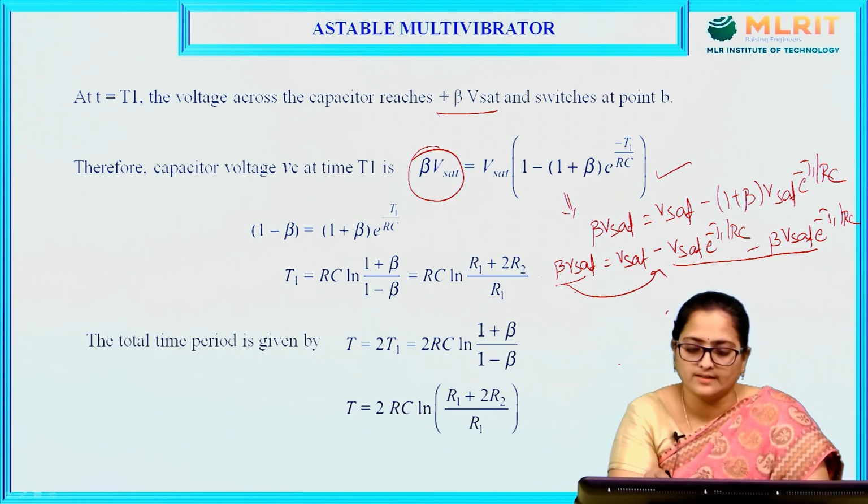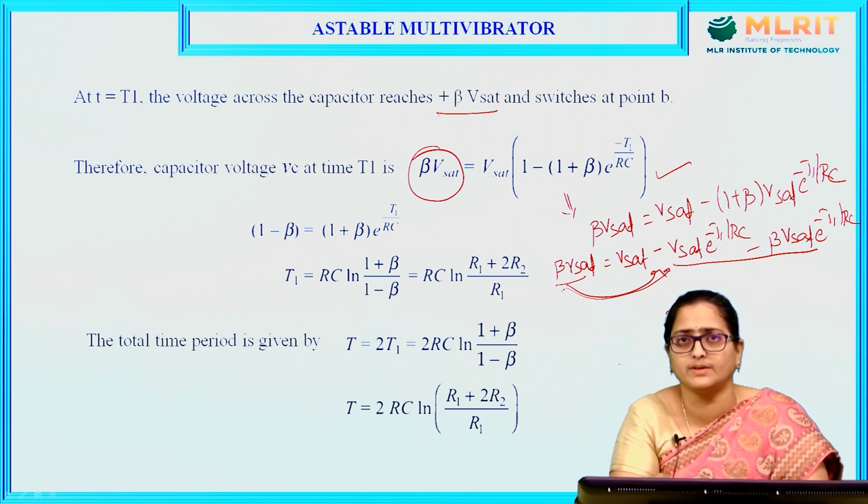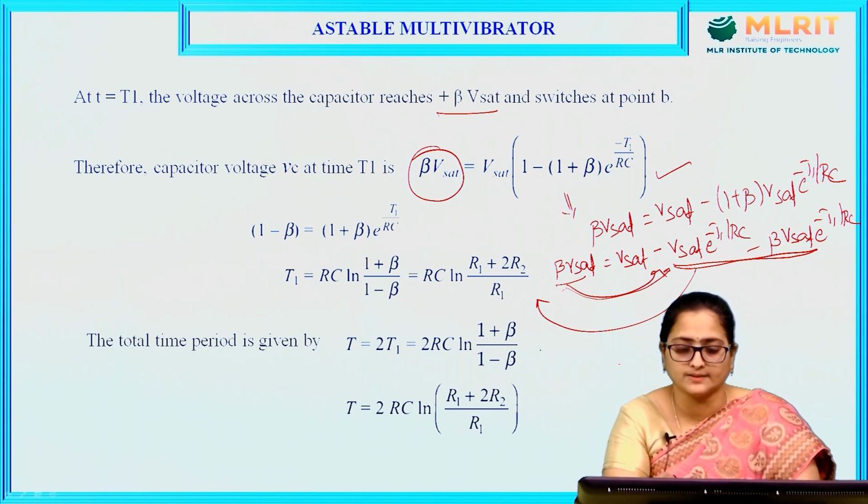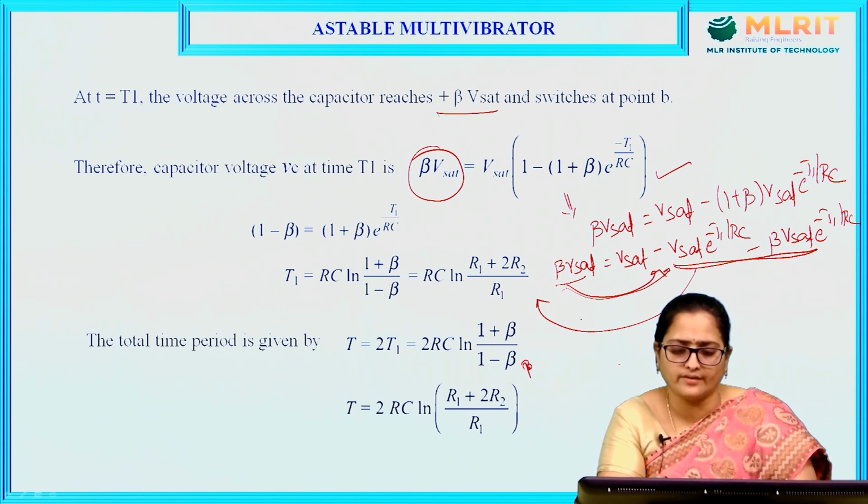If you take this beta Vsat to the RHS side, and minus Vsat e power minus T1 by RC and minus beta Vsat e power minus T1 by RC towards the LHS side, you can rewrite this expression as Vsat into 1 plus beta e power minus T1 by RC is equal to Vsat into 1 minus beta.